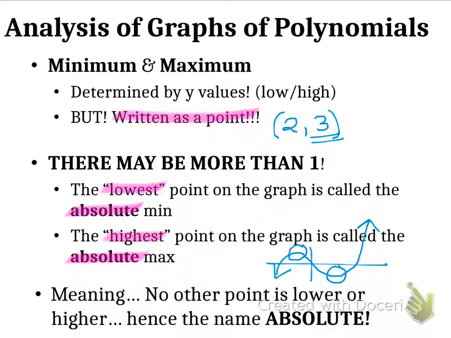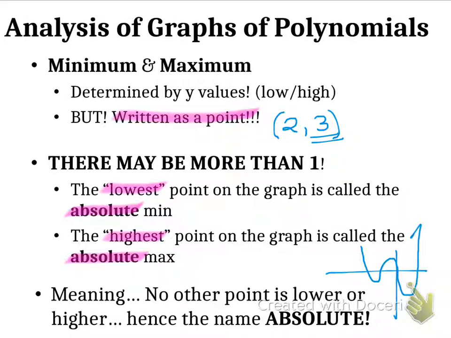So let me draw a picture of that for you. If I erase this. All right, so if I gave you the function and it kind of looks like this, this is a polynomial. You can see that right here we have a minimum, but right here is another minimum.